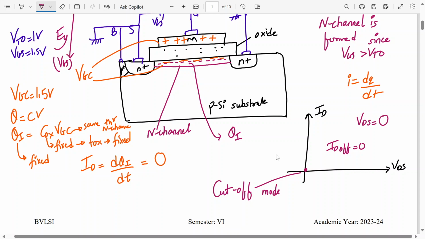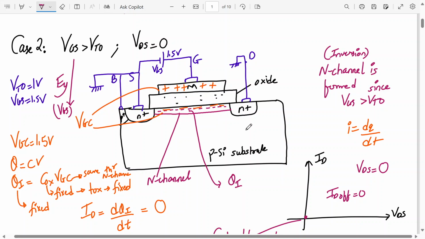VGS is 1.5, VTO is 1 volt. Still, this is what happens. So in spite of VGS greater than VTO, the current is 0 because the drain to source voltage is 0.